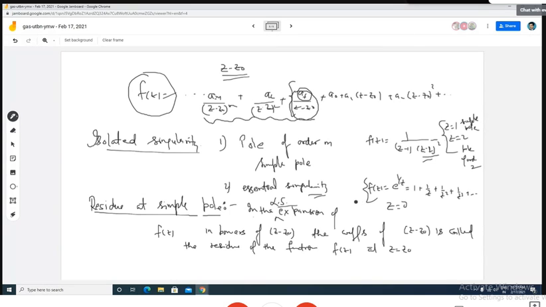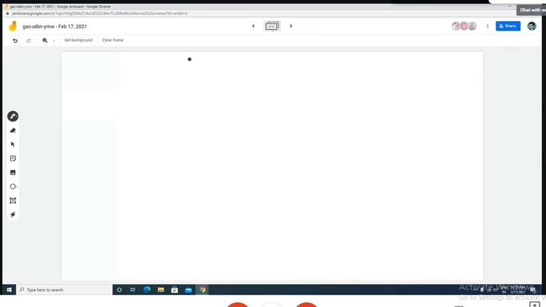So there are some computational techniques. Suppose z is equal to z0 is a simple pole.